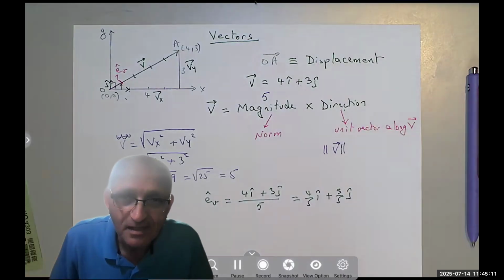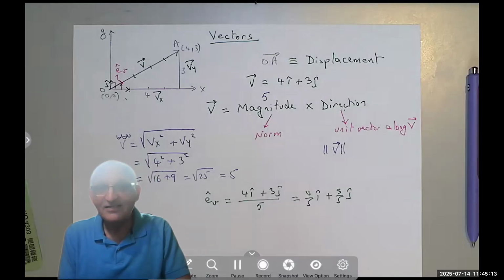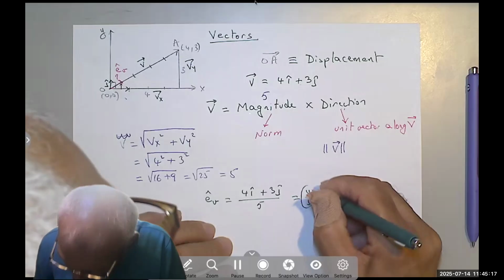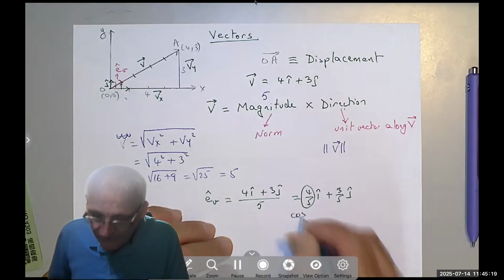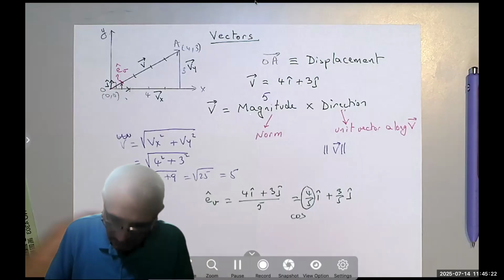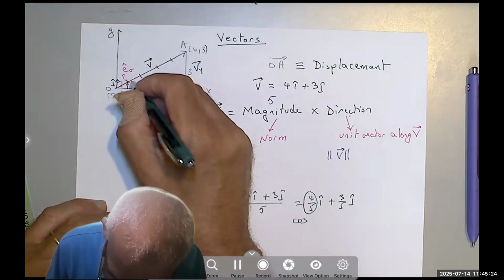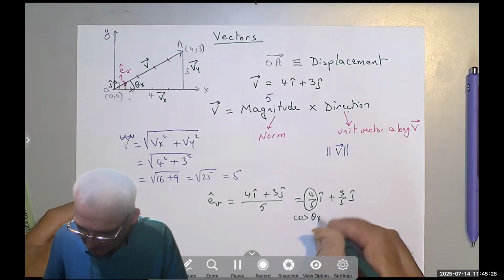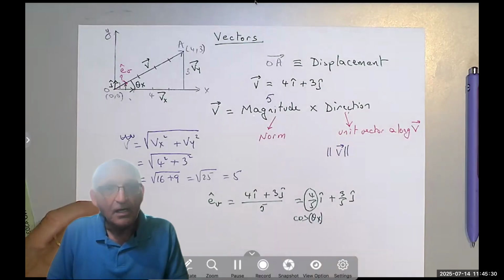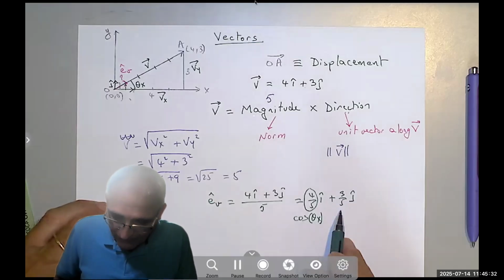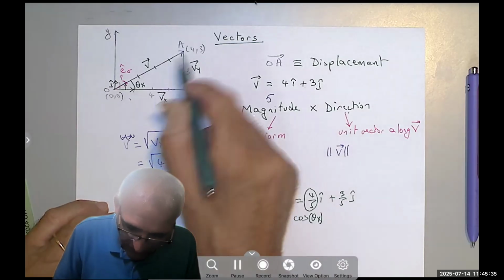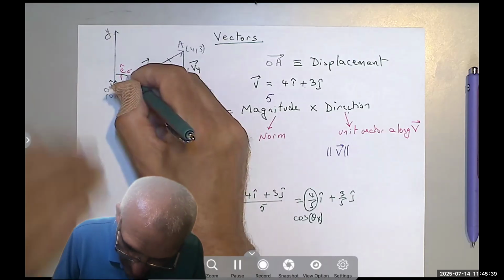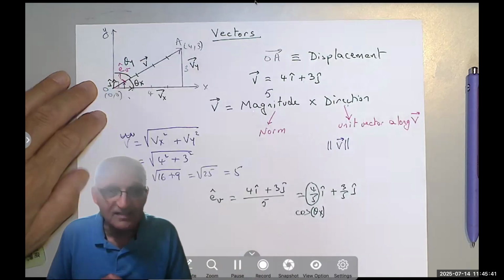Go back to trig. You will find so nicely that this guy is the cosine of the angle that the vector makes with the x-axis. This is theta x. And 3/5 is the sine of this angle or the cosine of that angle, which you are going to call theta sub y.